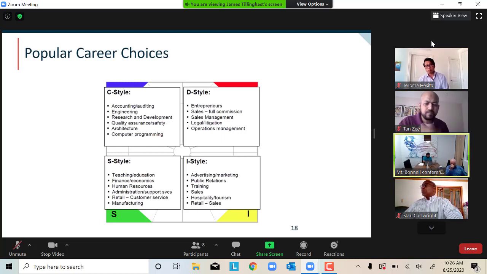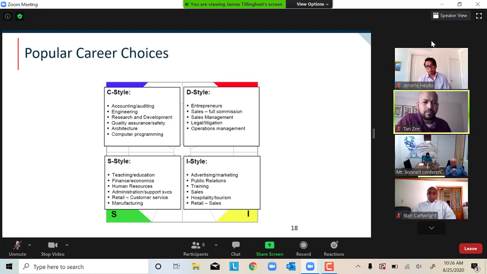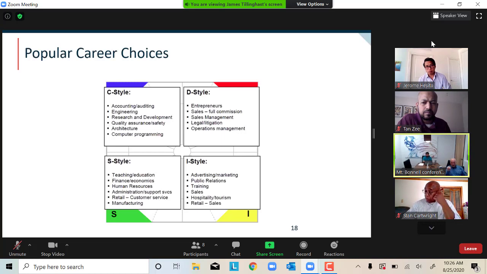It's in the teens, I think. I'm saying 17% of the American population is D. About 23 is I. 22 or 24 is S, and the rest are Cs. So it's somewhat balanced. Cs and Ss tend to be in the low 20s. I is about a 28, as I said, and a D is in the teens.